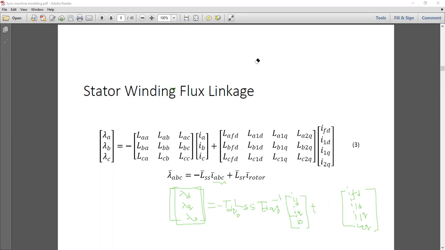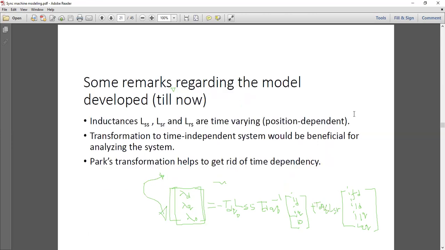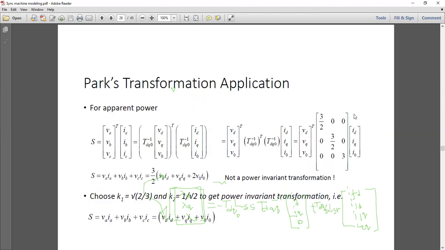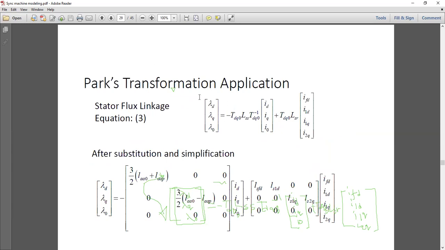So this LSR will be pre-multiplied by the TDQ0 matrix. Thus, from this ABC reference frame, we can come into the DQ0 reference frame. So with this equation, we will be getting this.